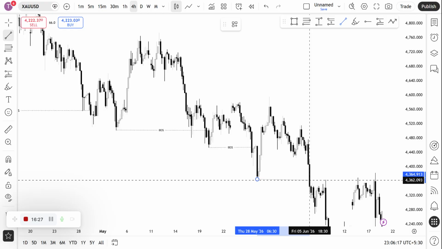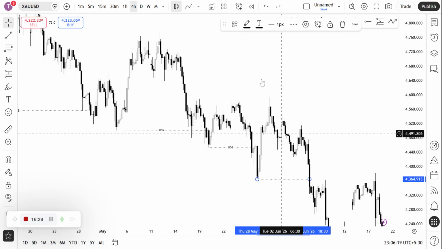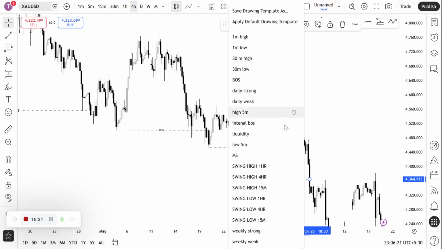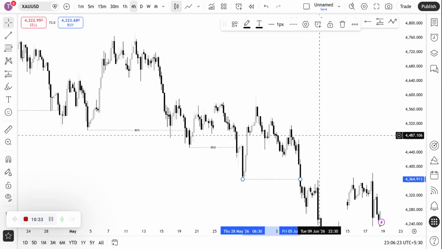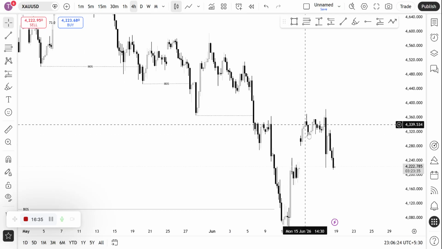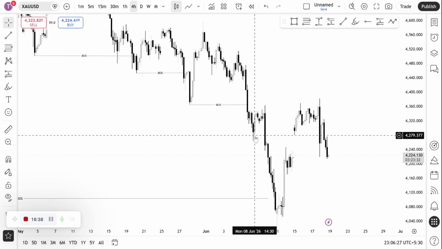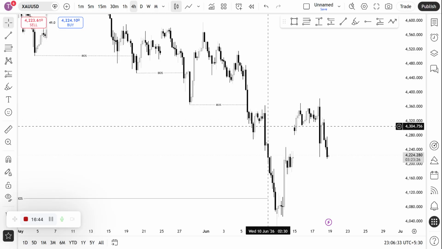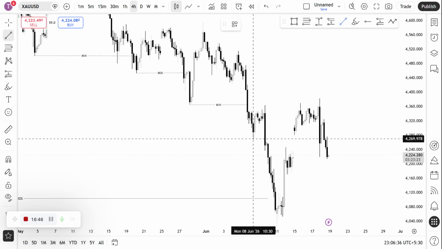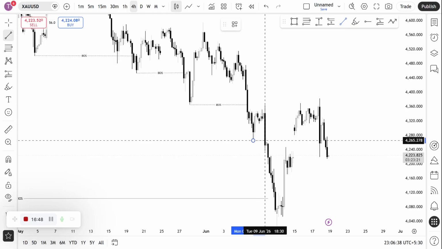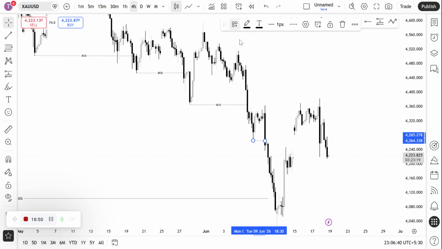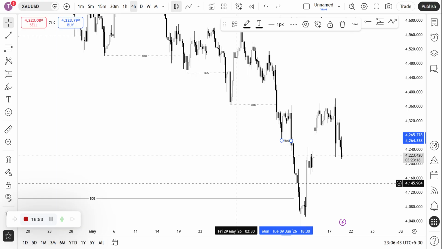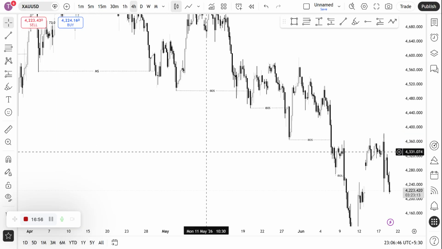Okay, this is the internal break of structure. And then as you can see, the market was moving to the downside, and then tried to push to the upside, and then it didn't happen, and it continues with the trend. So this is the break of structure, the internal break of structure. So right now we mark our internal break of structure.